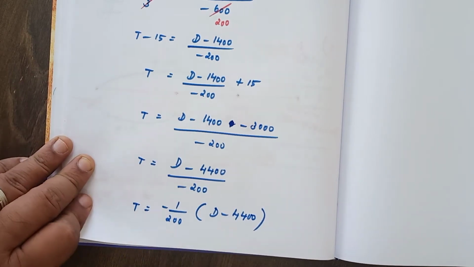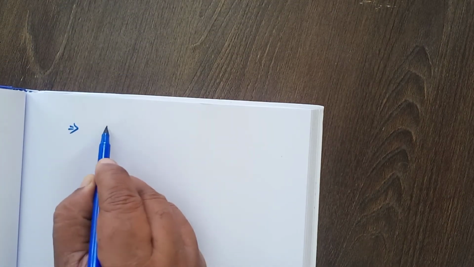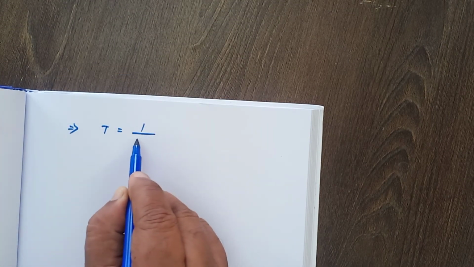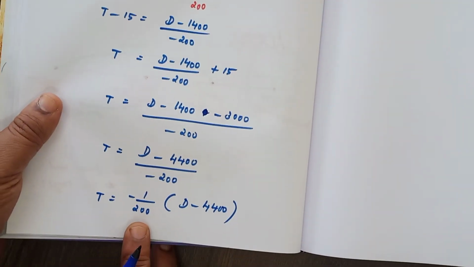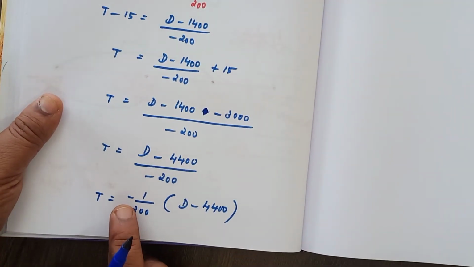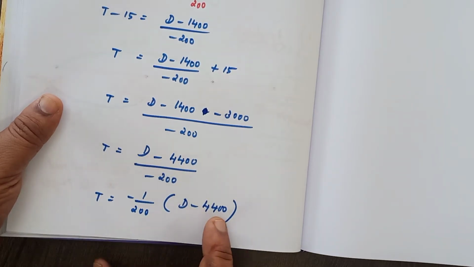Therefore, t equals 1 by 200 into, I am retaining 1 by 200 here. You just multiply by minus, first multiply these two, you will get a positive value, minus into minus, plus 4400 minus d.